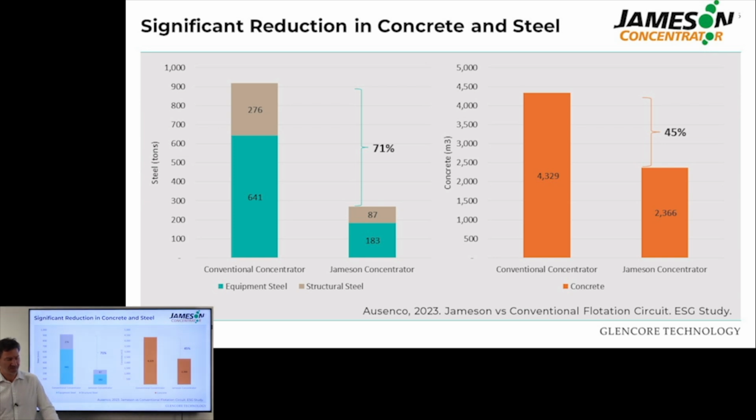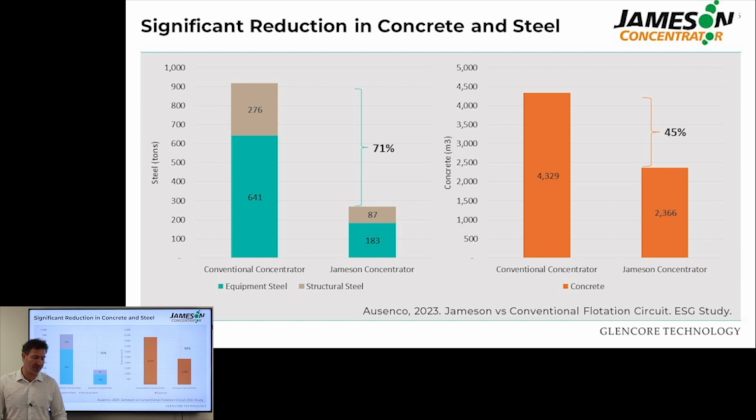Now, in the same study, if we dig a bit deeper, we can see the reduction in concrete and steel. You would assume that if you have less equipment, you would need less concrete and steel for installation. On the left side is the structural and equipment steel required for both options.